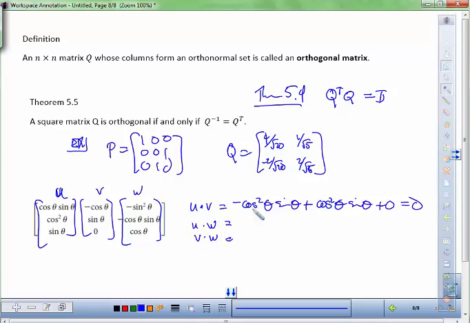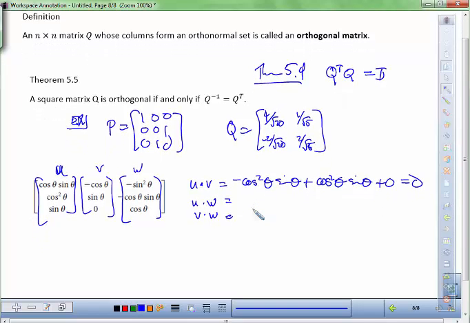And you'll see that when you do this, you'll come up with some interesting trig identities that you'll have to use. And then the other thing that you need to do is to make sure that for this matrix to be an orthogonal matrix, we have to also make sure that this has unit length, which means the magnitude of U has to equal 1.